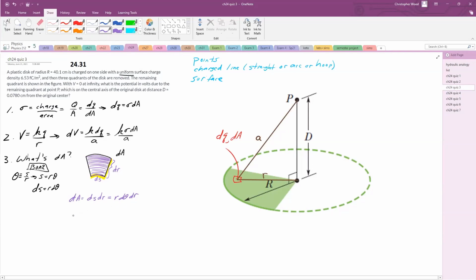So I'm going to do this. Theta, so from this circle's point of view, this has all been snipped out. This is my only charged region right here. It says I only have this quarter of a circle that's charged. It says 3 quadrants of the disk are removed. So I only have a quarter circle.